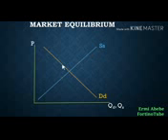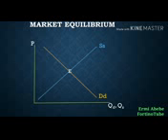As you can see from these two curves, they have intercepted at this point. The supply and the demand curves have intercepted at point E, which is termed as market equilibrium.